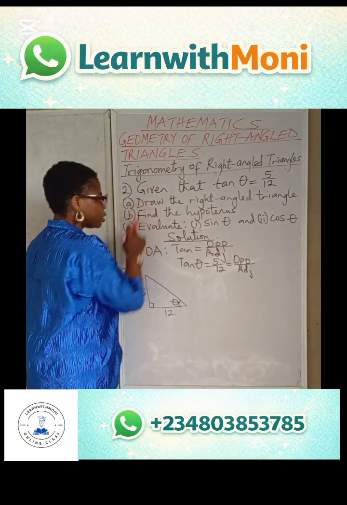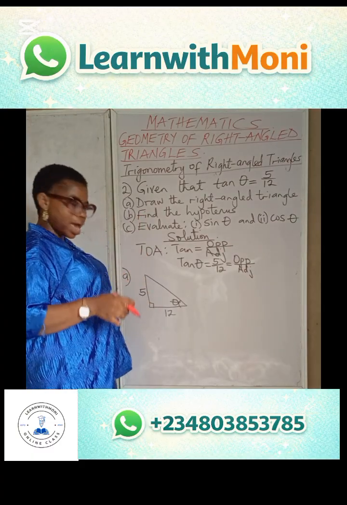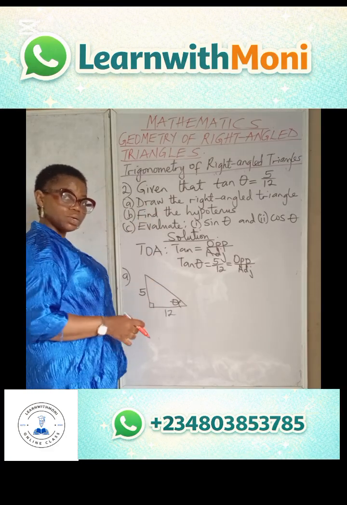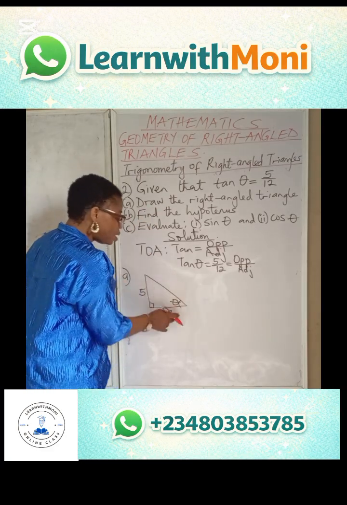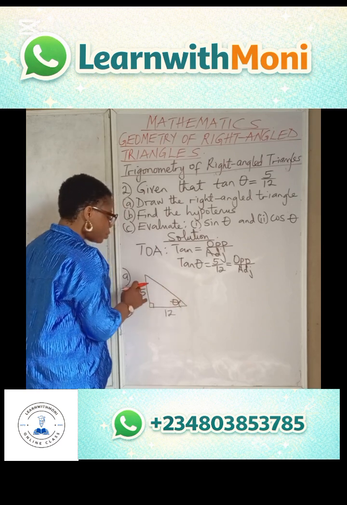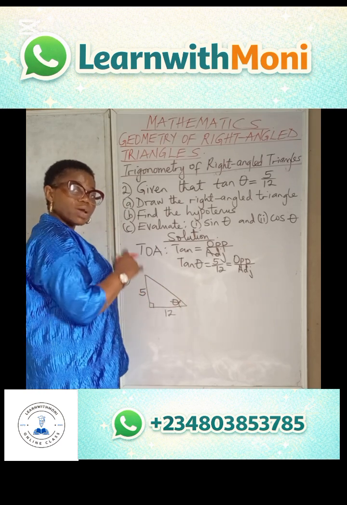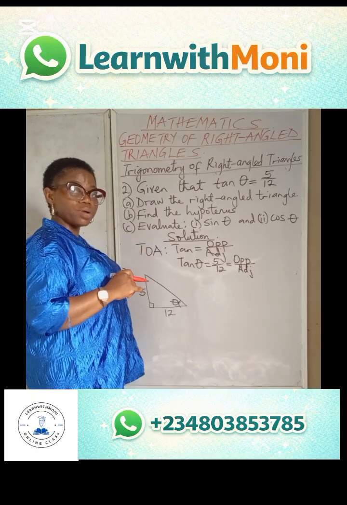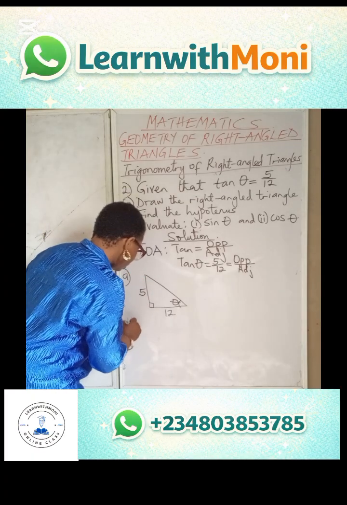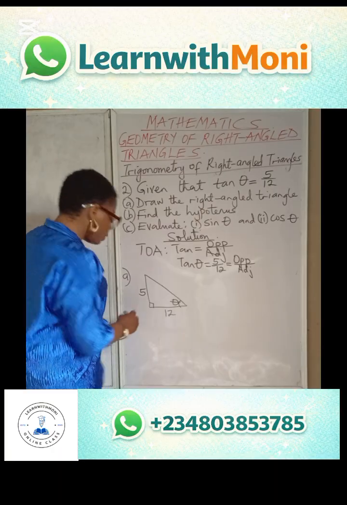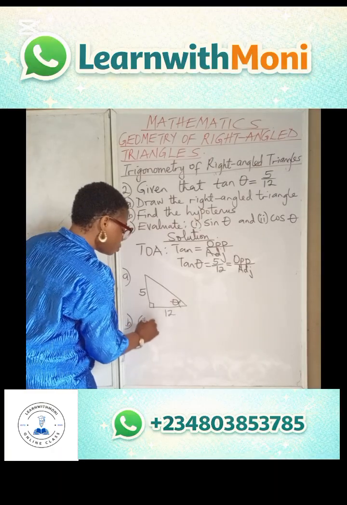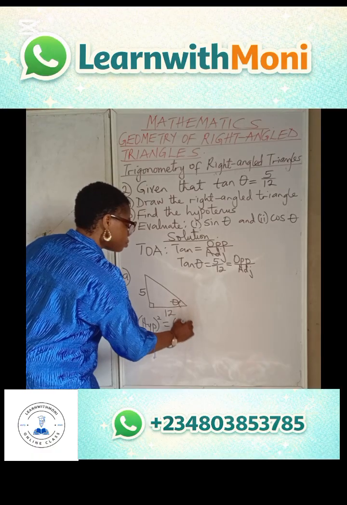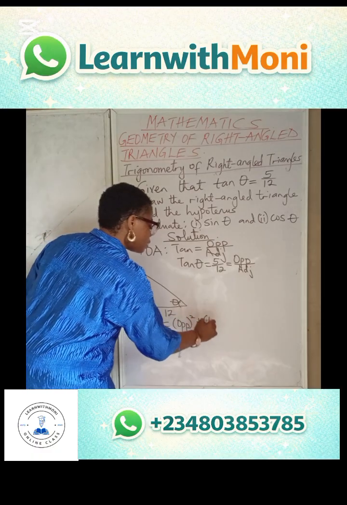The second question is asking me to find the hypotenuse of this right-angled triangle. In that case, I am dealing with the comparison of the three sides of this right-angled triangle, and I'm going to be employing Pythagorean theorem here. Pythagorean theorem says that hypotenuse square equals opposite square plus adjacent square.